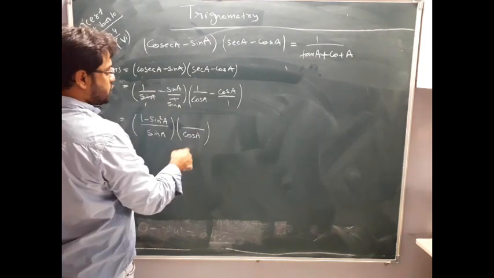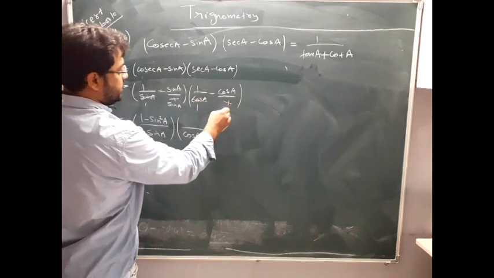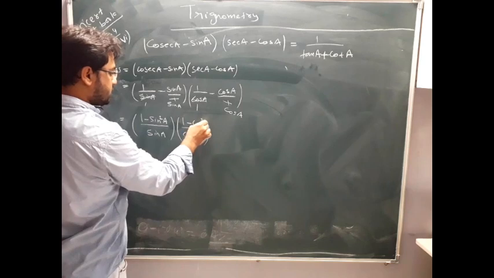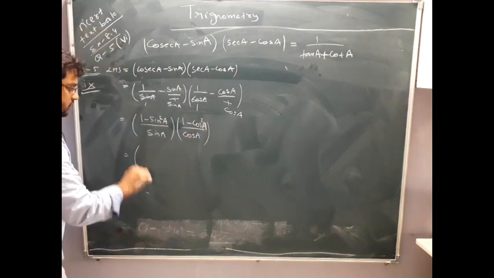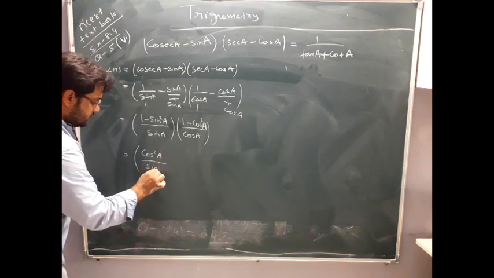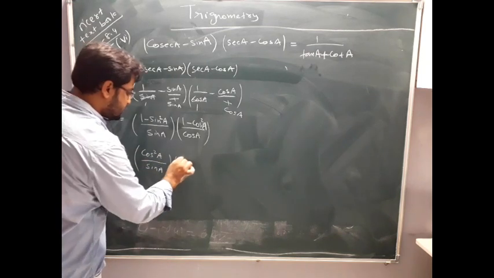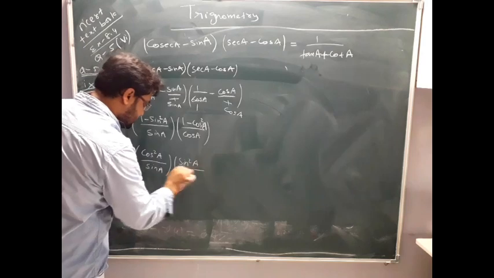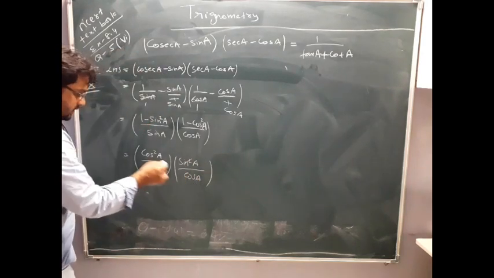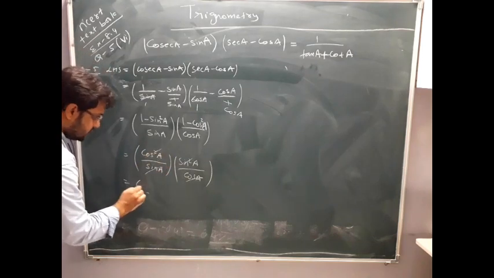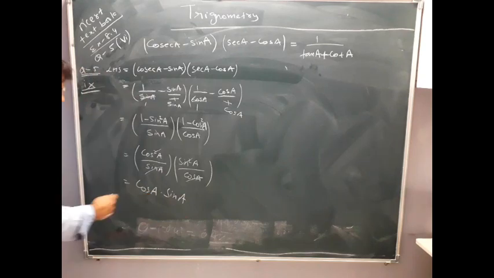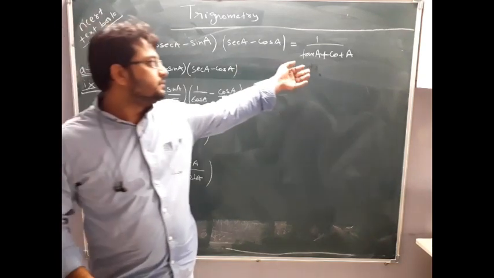Then cos A: 1 into cos A, 1 minus cos square. So 1 minus sin square A means cos square A by sin A, times sin square A by cos A. Now sin A cuts, cos A cuts, cos A into sin A. Now how does the problem go? How do we reach here?